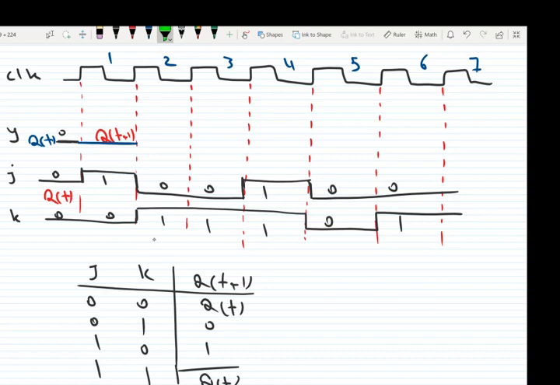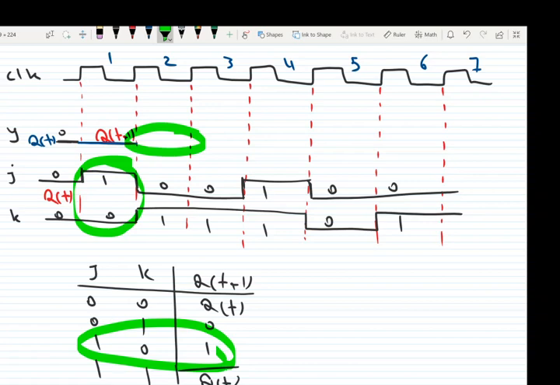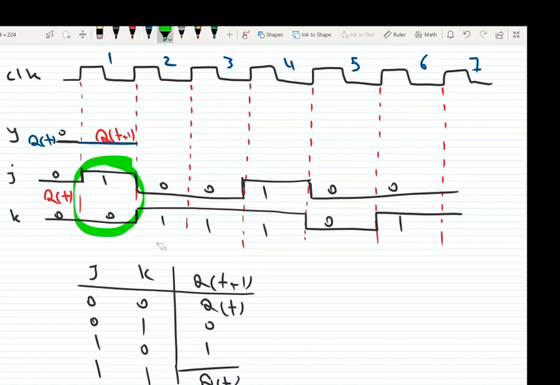In order to determine the value of Q for this cycle, we should look at the values of JK in the previous stage. So J is 1, K is 0. If J is 1, K is 0, it means set. So the output should be equal to 1. So we change the output to 1.